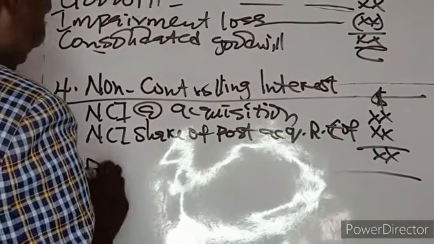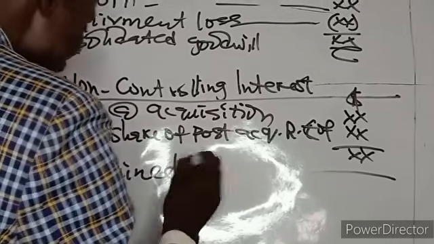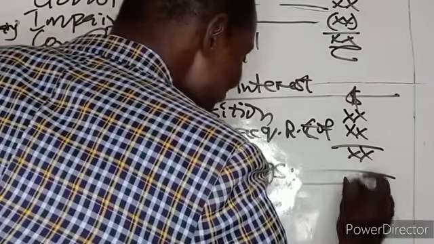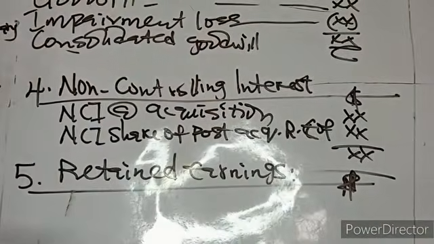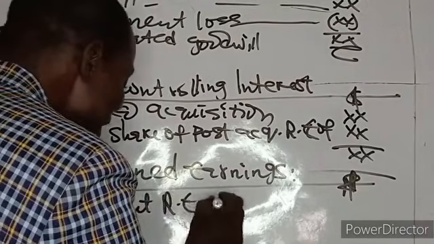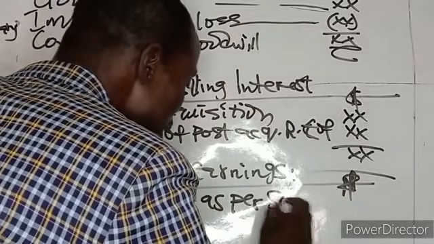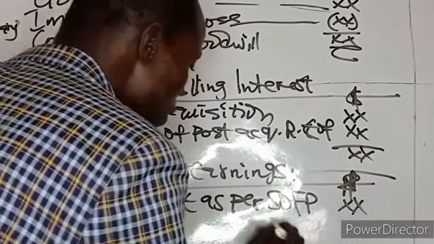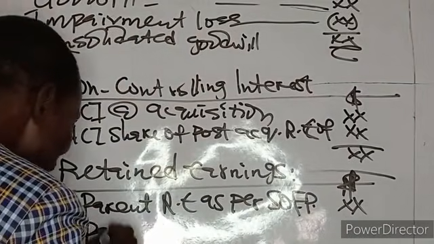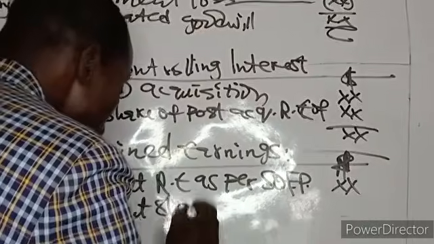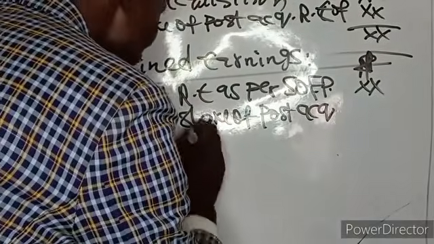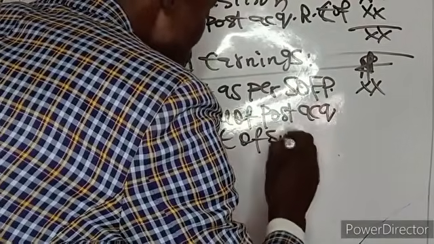Number 5, you have your retained earnings. You have parent retained earnings as per statement of financial position, SOFP. Then you also add parent share of post-acquisition retained earnings of subsidiary.